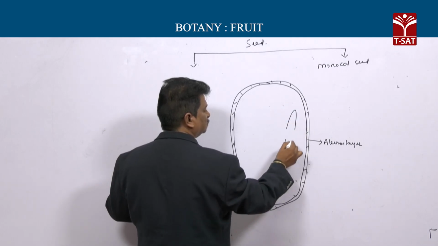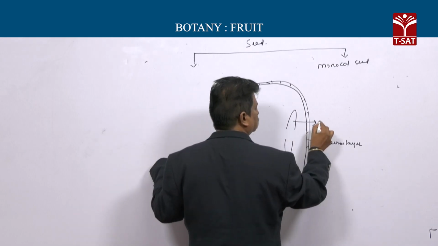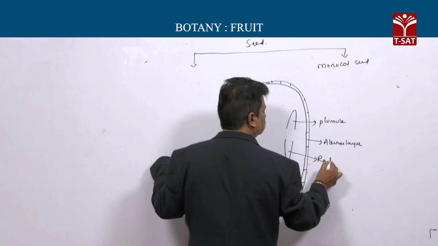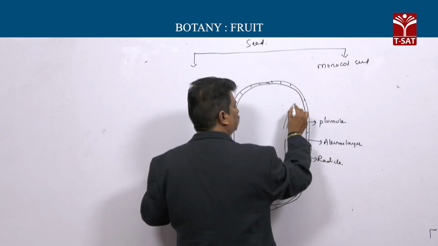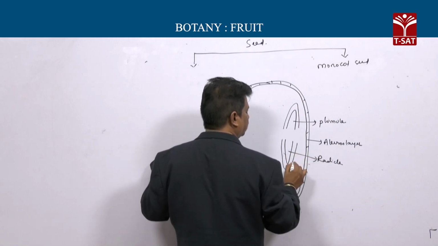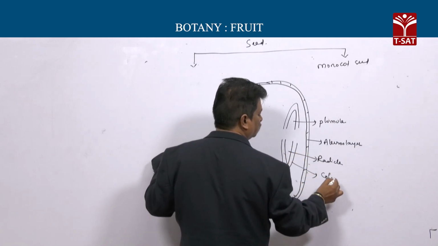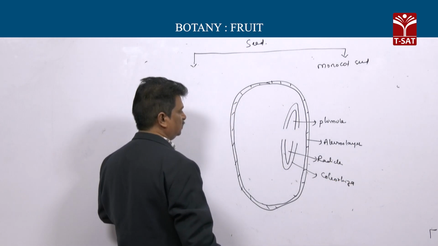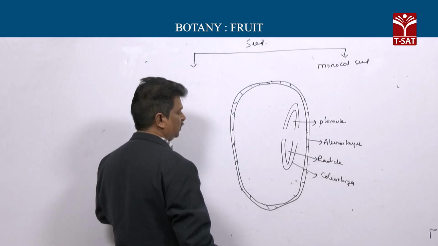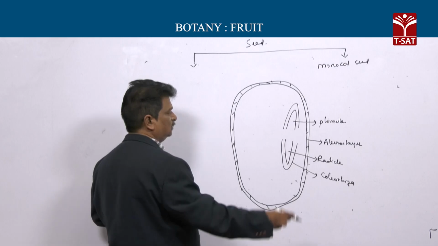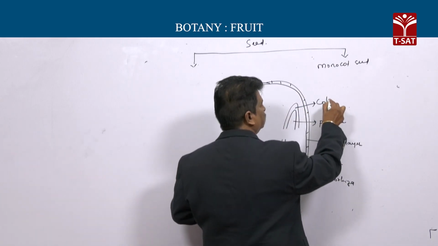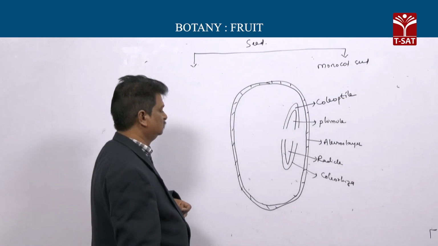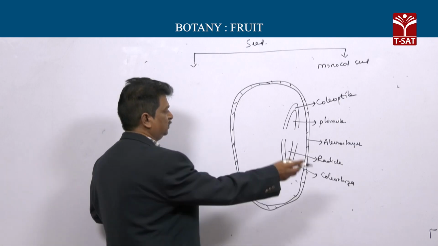Even in monocots, there is plumule and then radicle, but only in monocots, plumule and radicle both are enclosed by protective layers. Protective layer of radicle is called coleorhiza. Protective layer of plumule is called coleoptile.